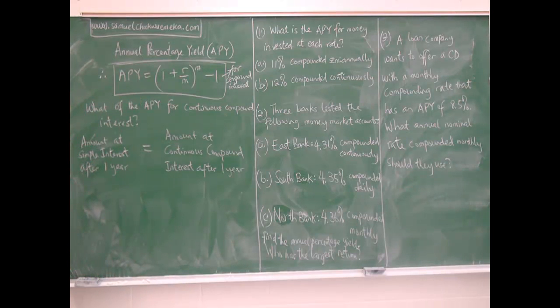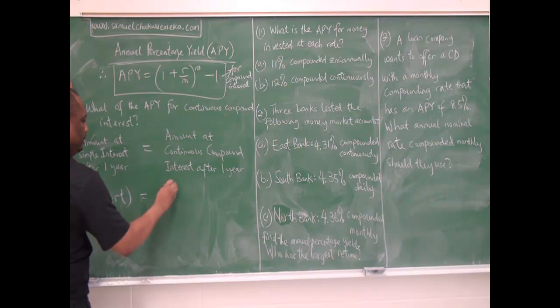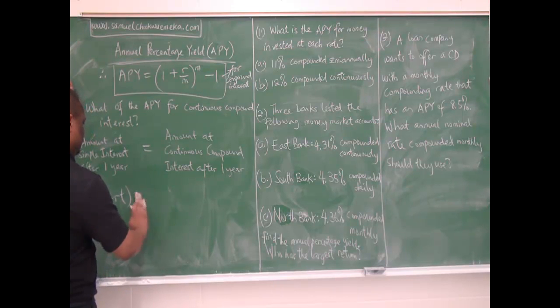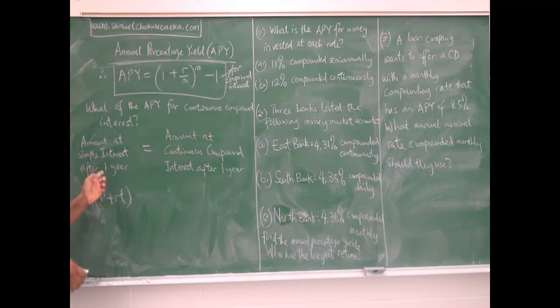This means that the amount at simple interest after 1 year is A equal to P(1 + RT).